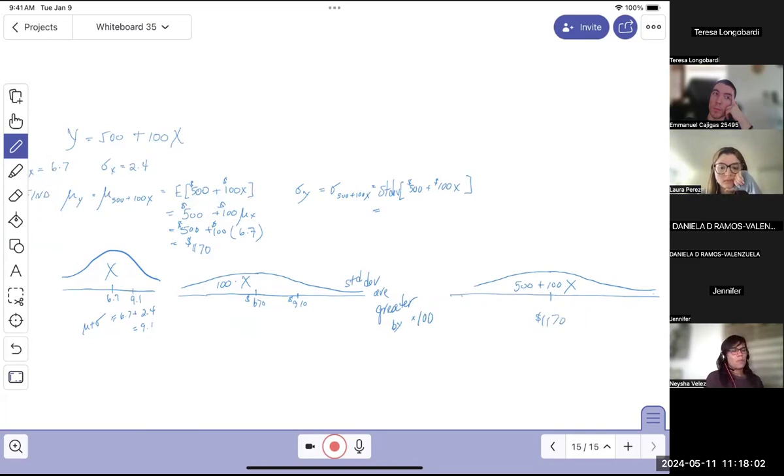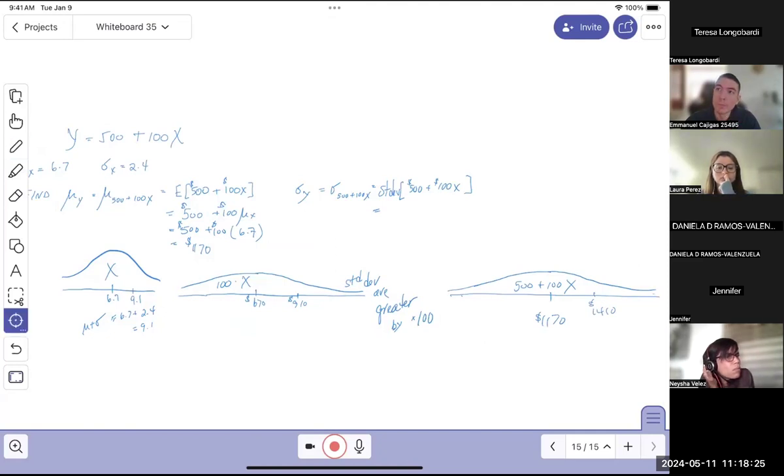But did the pattern change? Did the standard deviation change by adding 500? Even if I add 500 to the 910, one standard deviation away, this becomes 1410. Did the standard deviation change when I added 500 to every value?